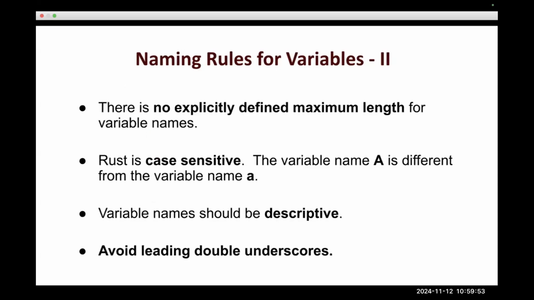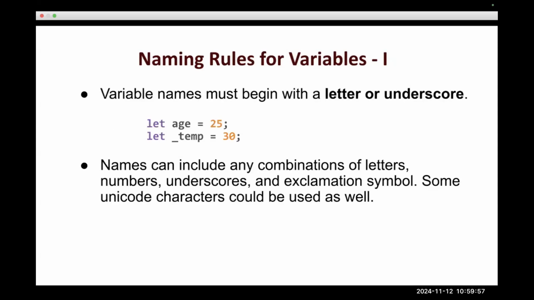Can I ask a quick question about variables? Go ahead. So I know that in Python, if you wanted to signal that a method or a variable is meant to be private, you would put an underscore in front of the variable. Is that the same norm in Rust, or is it just a coincidence here? It's a norm in Rust, exactly.